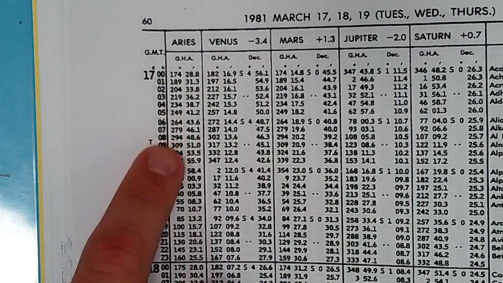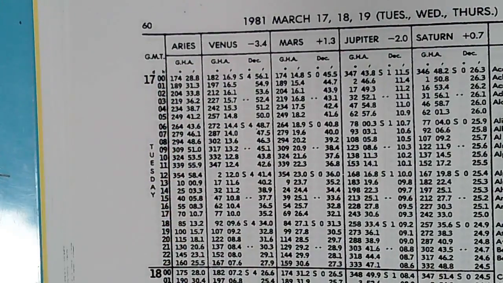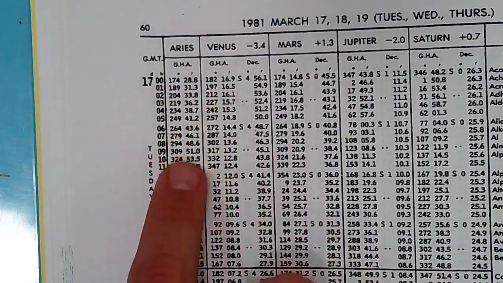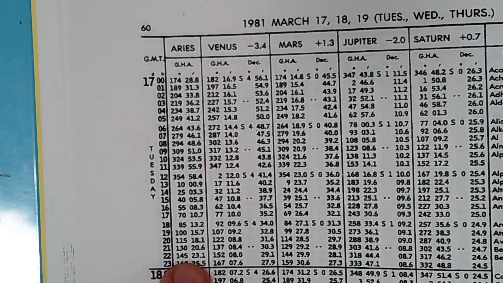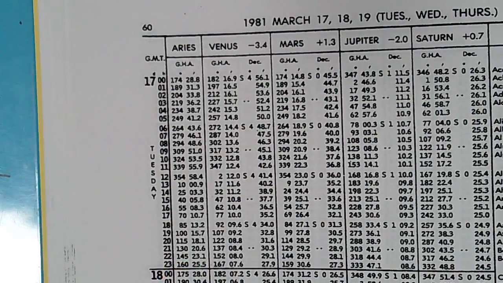And here's the 17th of March, on the Tuesday, the 17th of March. So if we're looking for a time of the sight of 22:45:55, we're going to go down to 22, and we see that the GHA of Aries is 1:45:23.1. Right, 1:45:23.1.